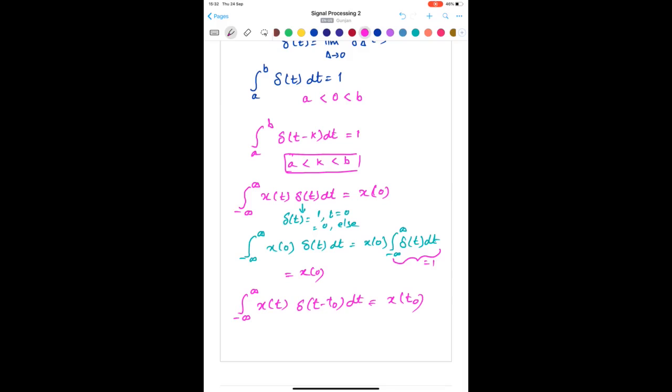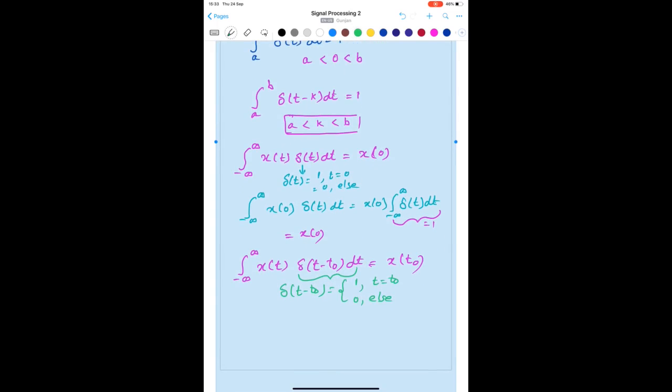Again, this delta t minus t naught is equal to 1 for t equal to t naught and 0 for the remaining points.